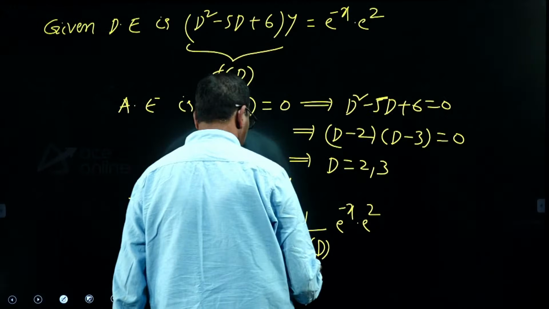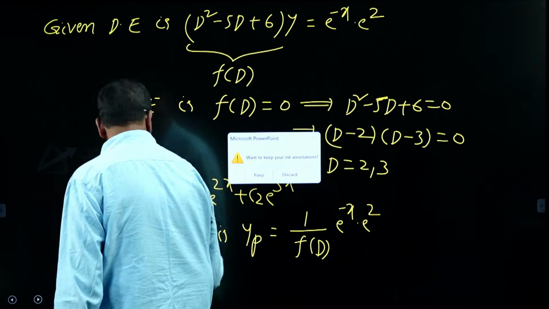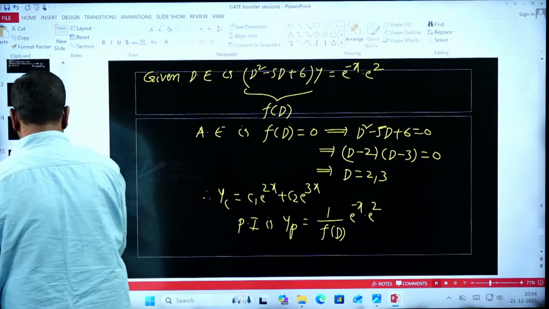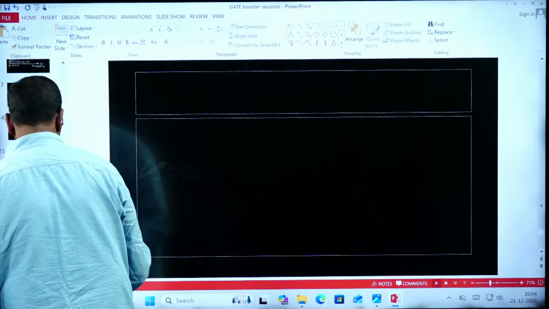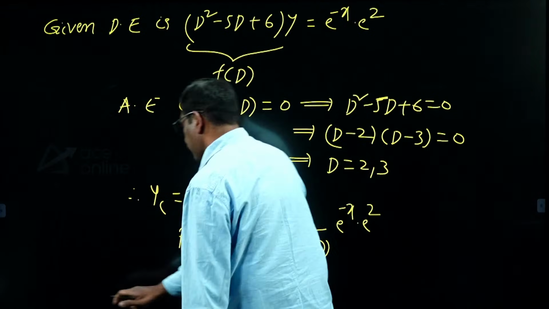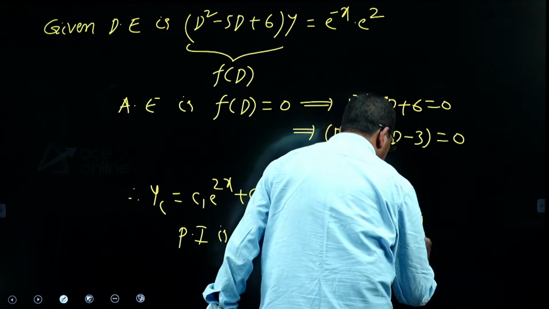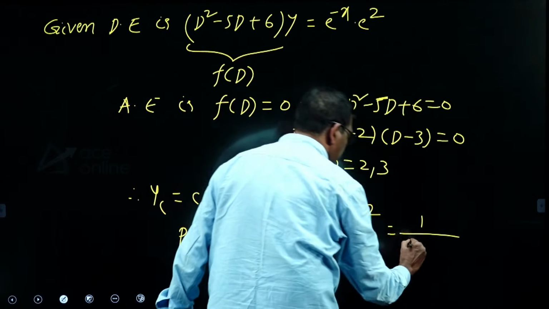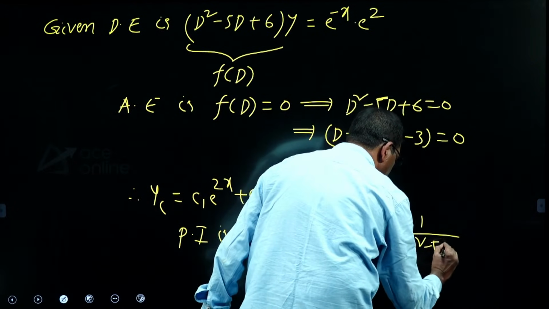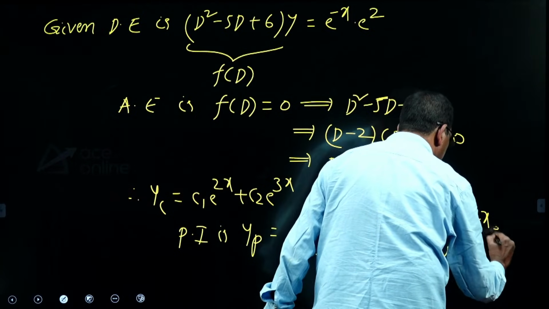That is nothing but 1 by f of D, where f of D is nothing but D square minus 5D plus 6, into e power minus x into e square.